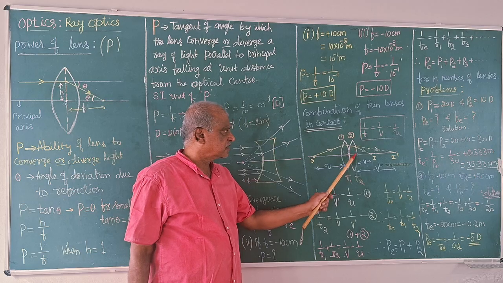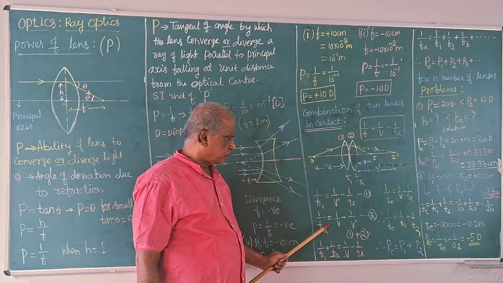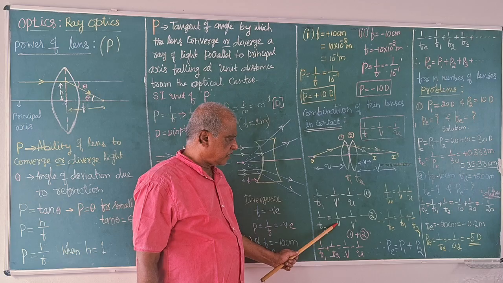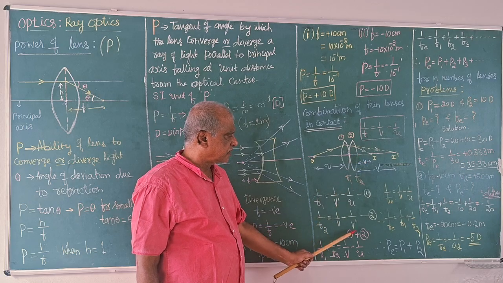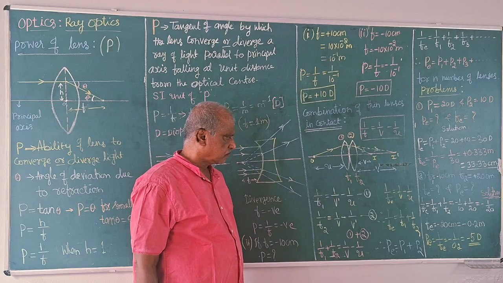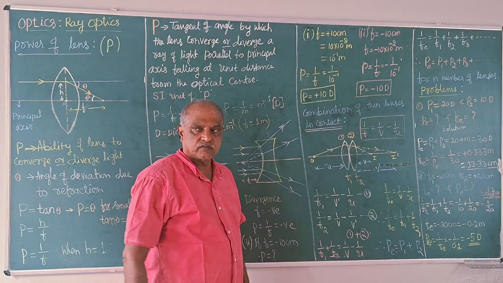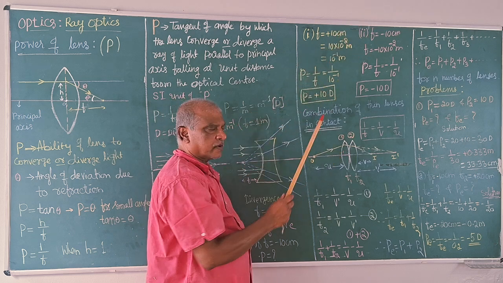And the equation for the second lens: 1 over f2, 1 by the image distance V, minus the object distance, which is V dash here. These two equations, for the combined effect, you have to add up the equations.